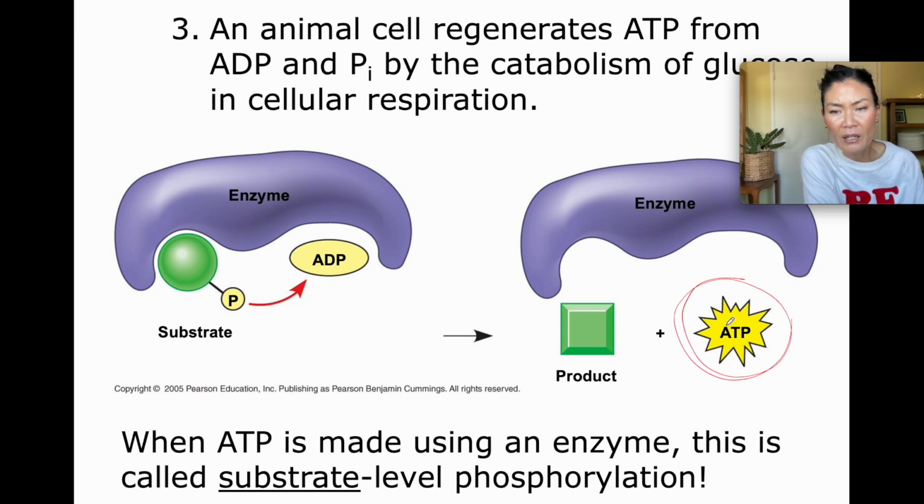So in glycolysis, this is what we call substrate level phosphorylation because ADP and this phosphate group are part of the substrate. They're part of the reactant, and that phosphate group is going to join up with ADP to become ATP. And that's one of the products. When ATP is made using an enzyme, this is called substrate level phosphorylation.